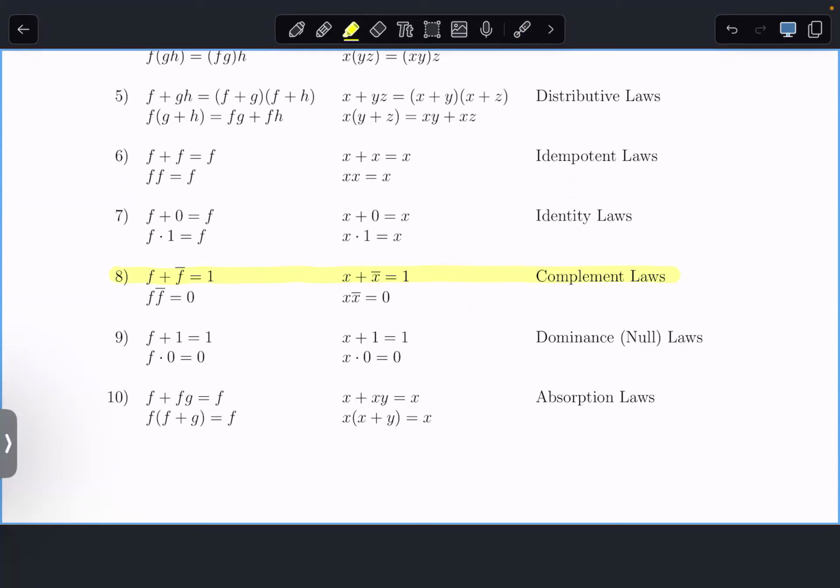So if we have x plus the negation of x, so not x, then that's going to be 1.